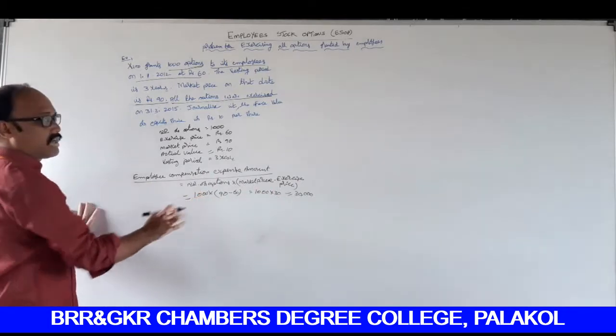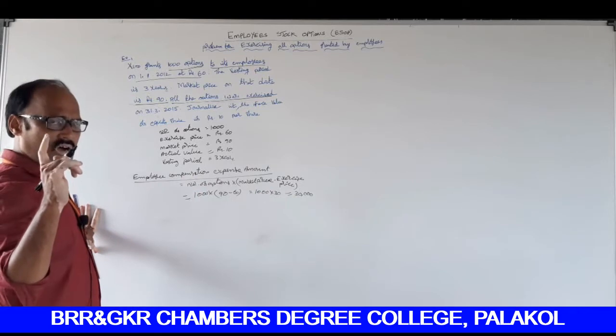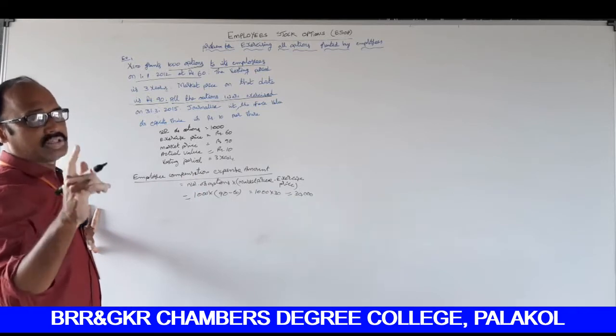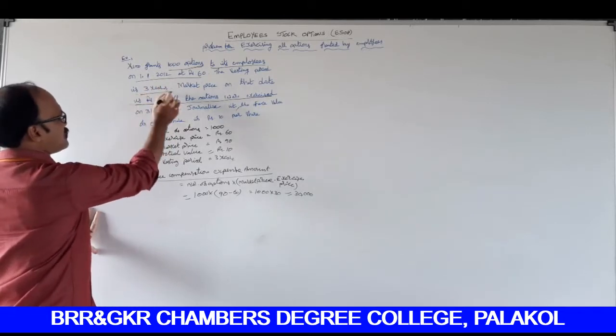It should be written off on straight line method for 3 years because the vesting period is 3 years.